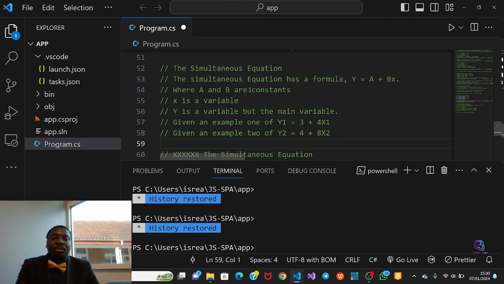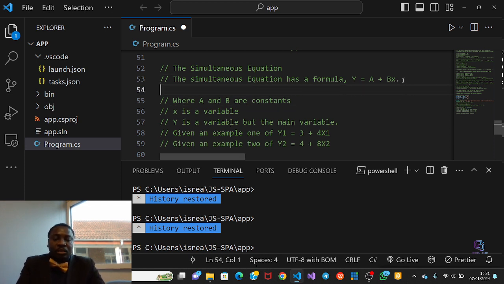So this permits me to say that they are constant. B is a constant, but with this constant, it has what? A variable attached to it. So it can be 0, it can be 1, it can be anything attached to it.